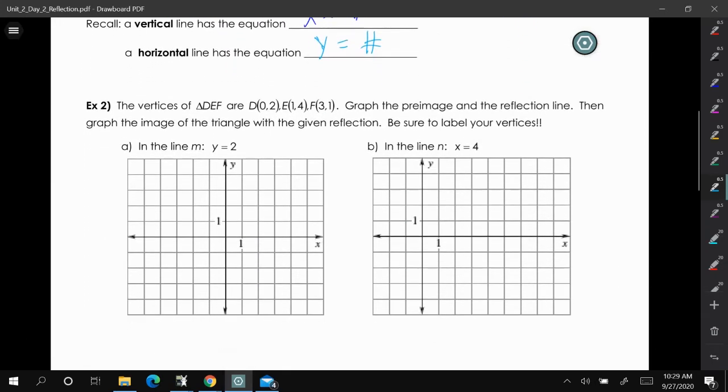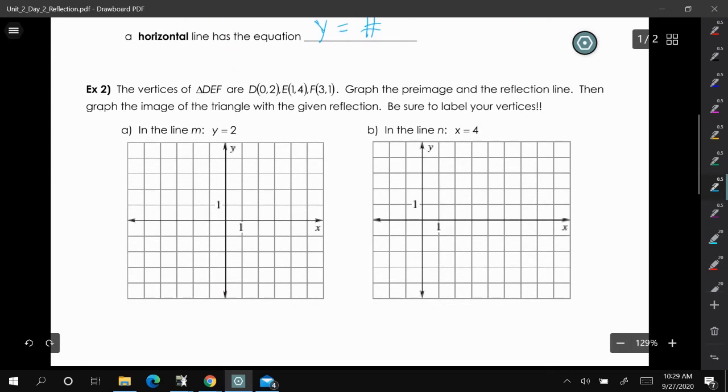Let's look down at example number 2, where we have triangle DEF, and then we're going to graph that triangle, and then we're going to graph the reflection over the given lines. So let's plot 0 comma 2, here's D, 1 comma 4 is E, and F is 3 comma 1.